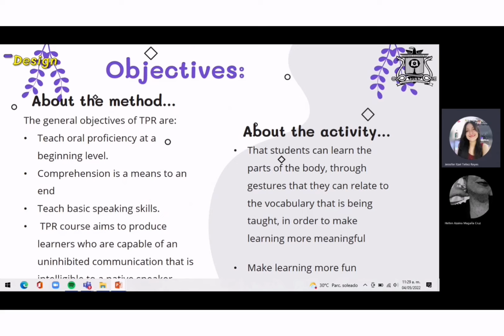Also, the total physical response course aims to produce learners who are capable of an uninhibited communication that is intelligible to a native speaker. And now the objective of the activity is that the students can learn the parts of the body through gestures that they can relate to the vocabulary that is being taught in order to make learning more meaningful. Also make learning more fun.